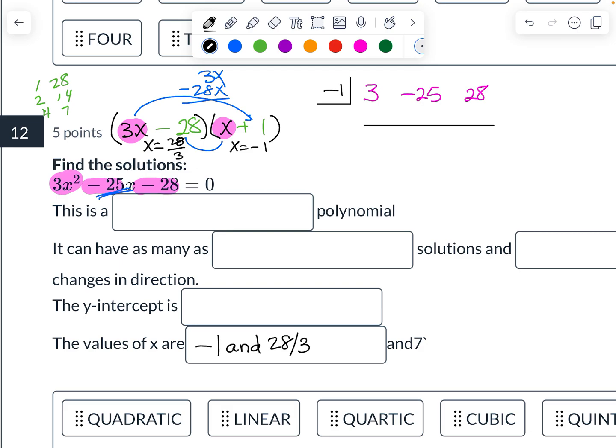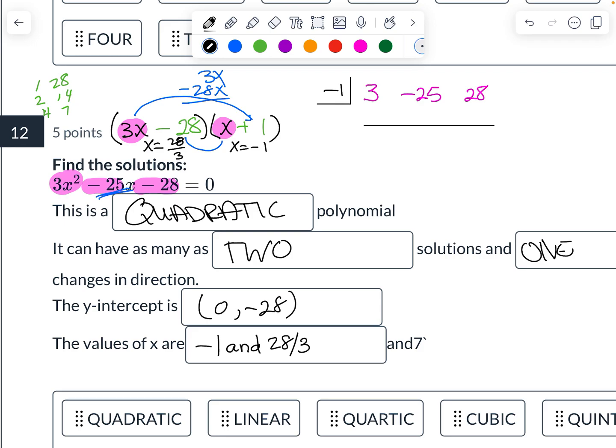Before we do that, let's say that this is a quadratic, and that's the reason I thought I could factor it. It can have as many as 2 solutions, 1 change in direction, and its y-intercept is going to be 0, negative 28. So I bring the first number down, we get 3, this is negative 3, this is negative 28, this is 28, this is 0.